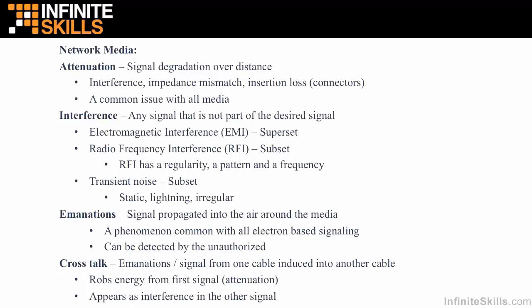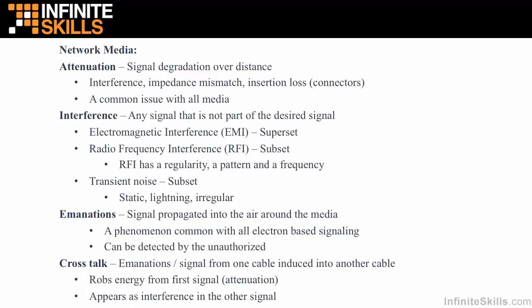Further, emanations are the source of data theft. So a bad guy, without actually even touching the wire, can use a detector and sense these electromagnetic fields around the wires and can identify the presence or absence of electron flow, which essentially is your signal carrying the data. So the bad guy can actually steal your data just by sensing these emanated signals into the air.